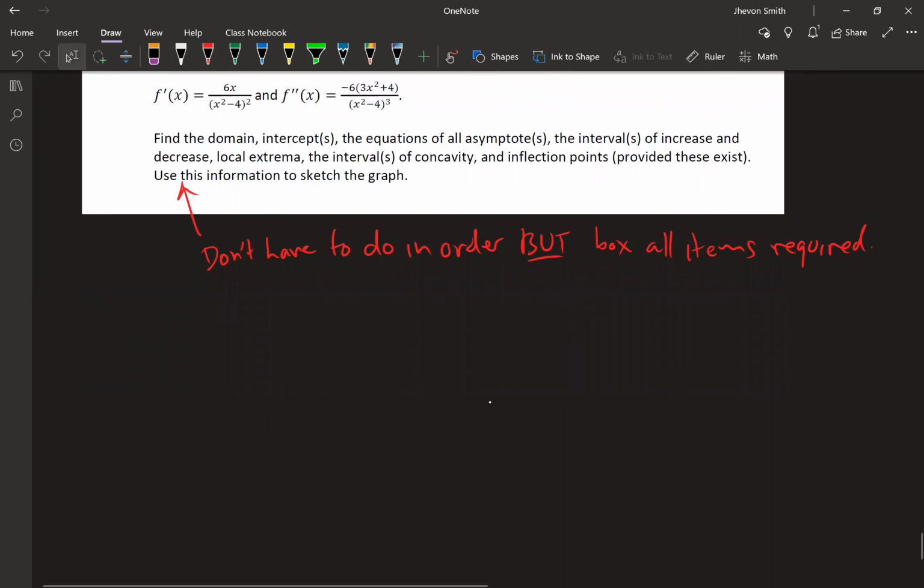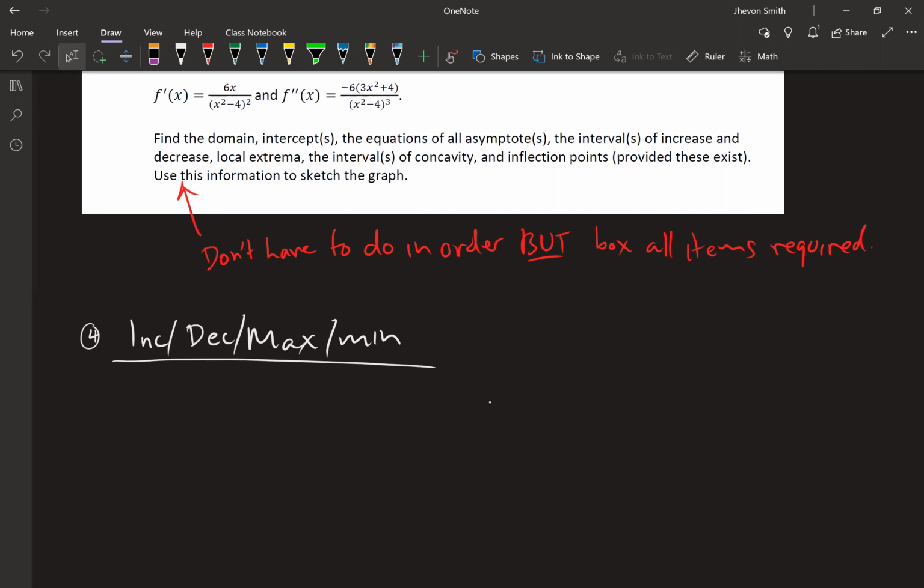I believe this would be section 4 in the handouts. Increasing, decreasing, max and mins, you can find those all from the same situation, right? So first, you'll set f prime equals 0 or undefined. This gives you critical points x equals 0. It also gives you critical points x equals plus or minus 2.